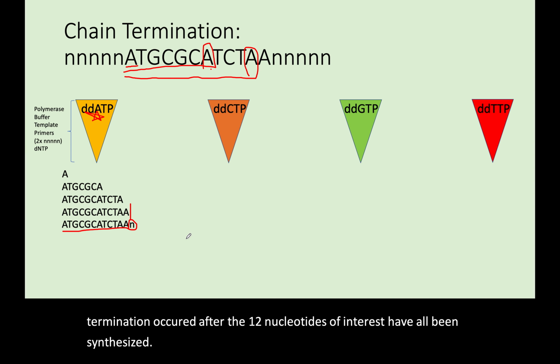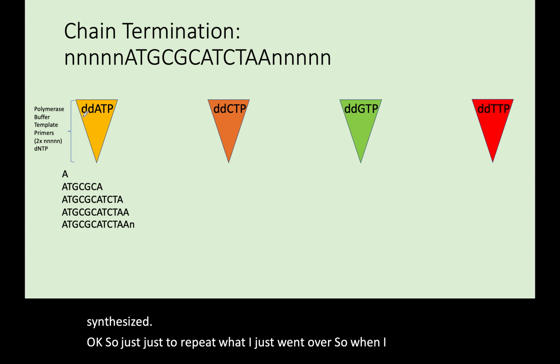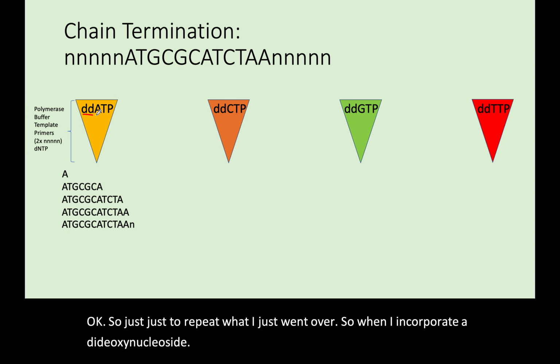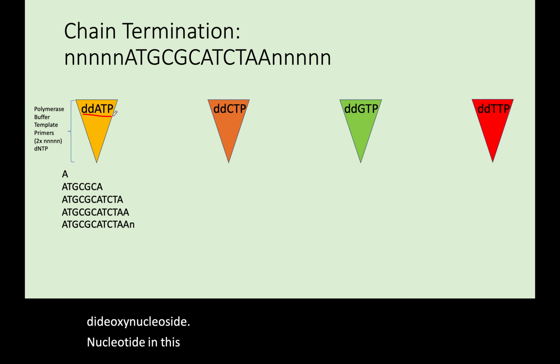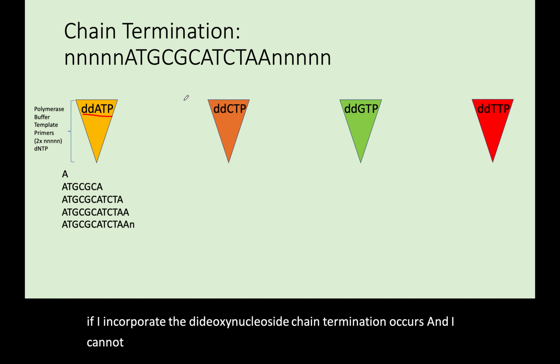Okay, so just to repeat what I just went over. When I incorporate a dideoxy nucleotide, in this case DD-ATP, so anytime there's an A in the sequence, if I incorporate the dideoxy nucleotide, chain termination occurs and I cannot synthesize beyond that site.